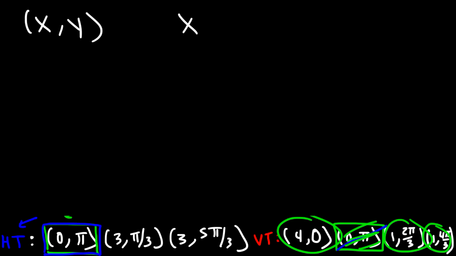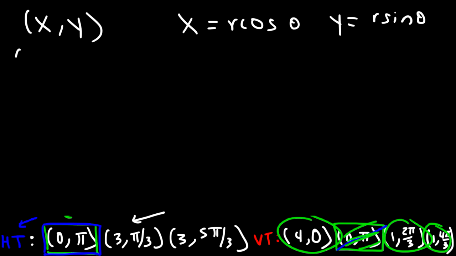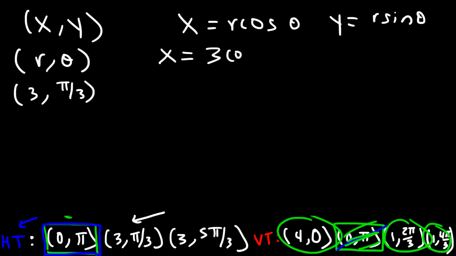So recall that x is r cosine theta and y is r sine theta. So let's use this one as an example, 3, pi over 3. So we have it in the form r, theta. So r is 3, theta is pi over 3. So x is just going to be 3 cosine pi over 3, and y is 3 sine pi over 3.